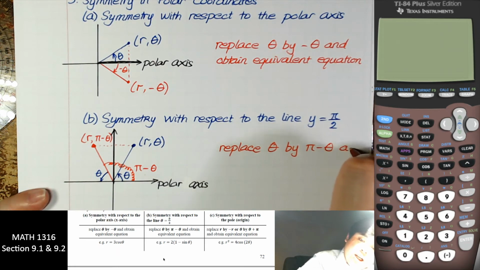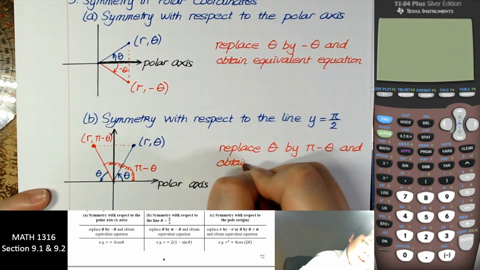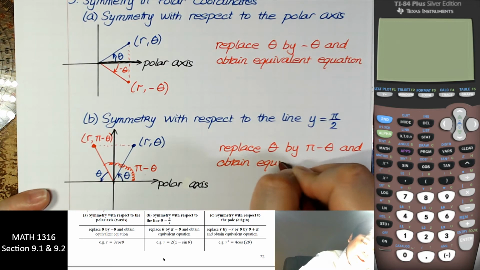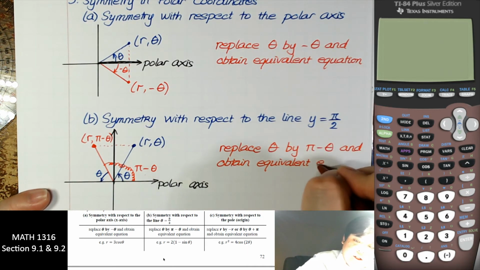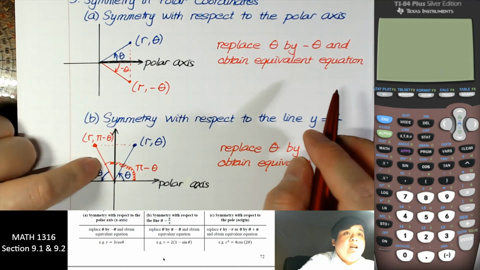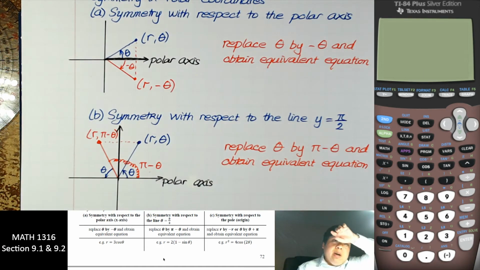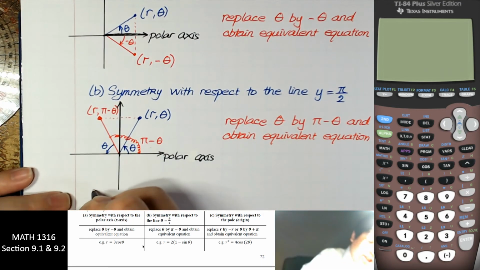When we do that, we obtain an equivalent equation. Usually if it's just cosine, it works. If it's just sine, it will work, because sine is a supplement and cosine is opposite. We see that in chapter 6.